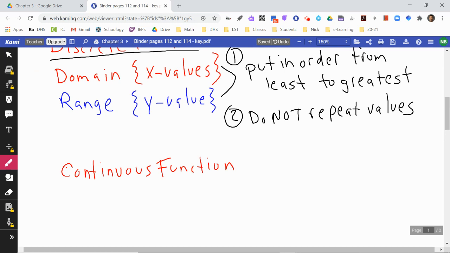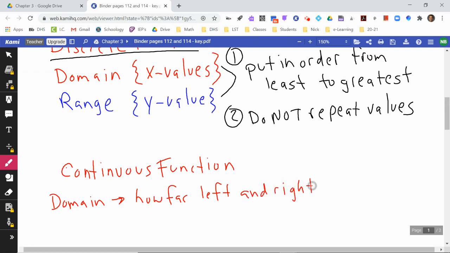So for our continuous function, our domain is going to be how far left and right does the graph go? How far left, and then how far right does it go?